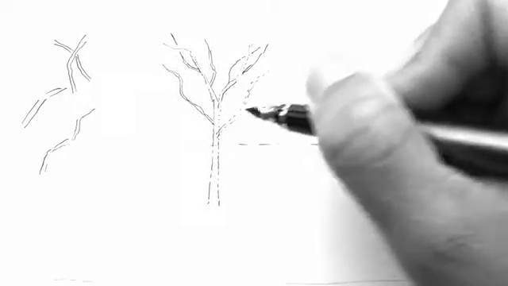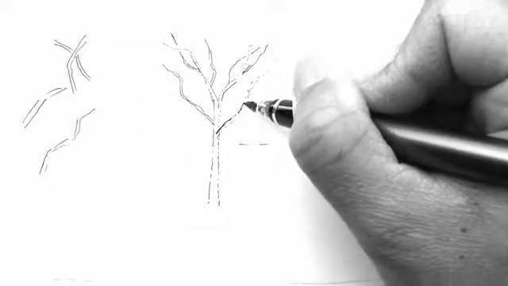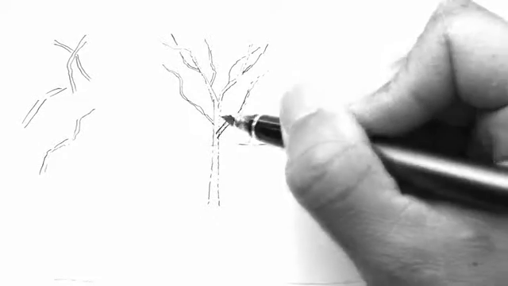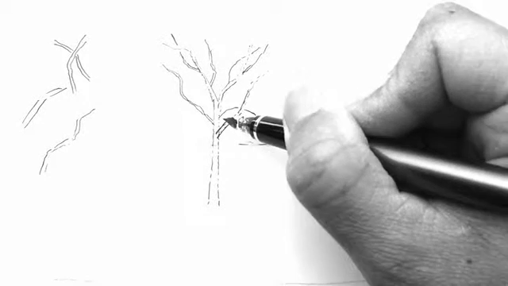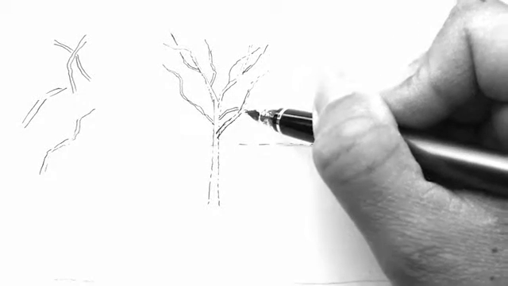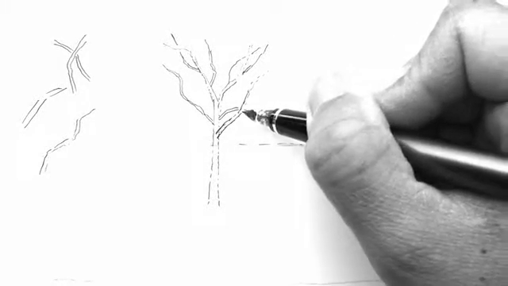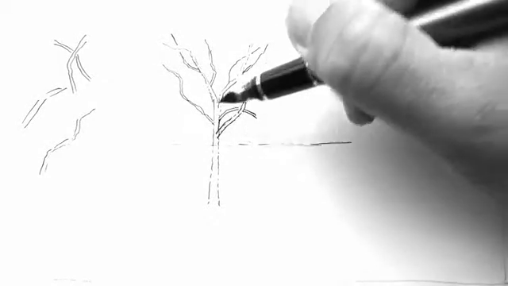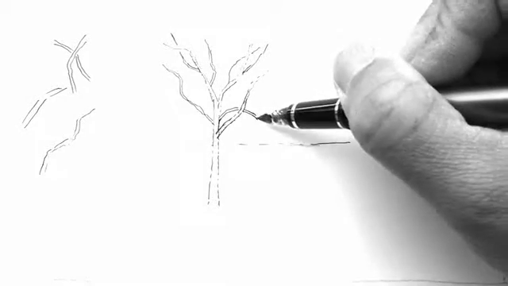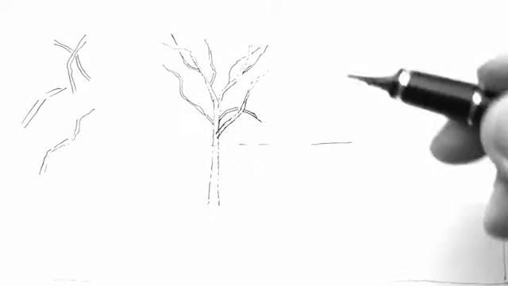For example, if I draw this branch over here, and I have a small twig that is coming out and is going behind, then what I did is to create a small discontinuity. That tells us clearly that this big branch is in the front and the other one is at the back. Having the order of branches clearly established really helps in giving your drawing depth.